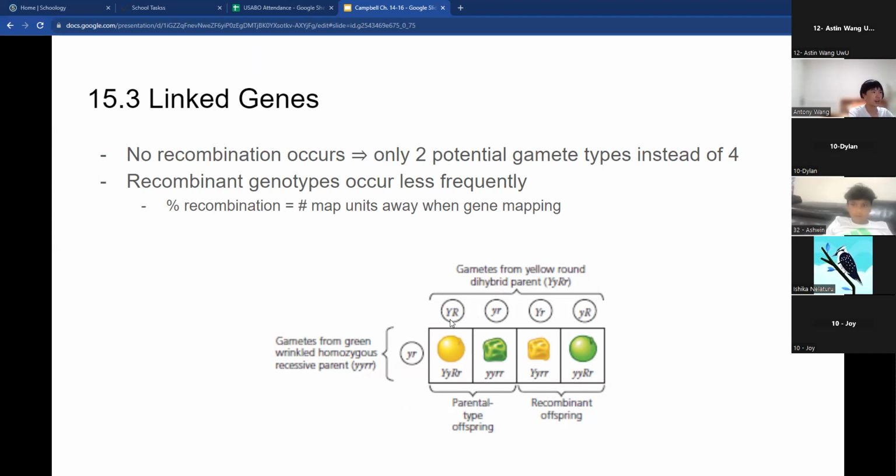In this case, the dominant alleles for color and shape are linked together. The recessive ones are linked together. So if you have a gamete that has a dominant and a recessive allele, then that's a recombinant offspring. Any questions?